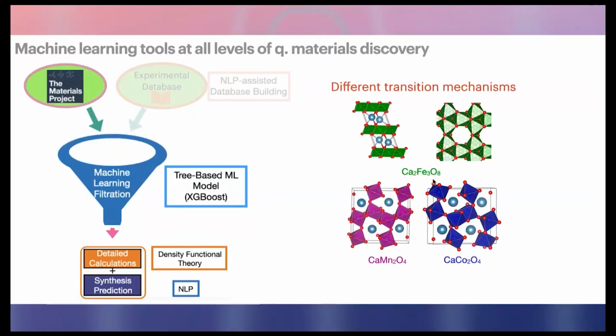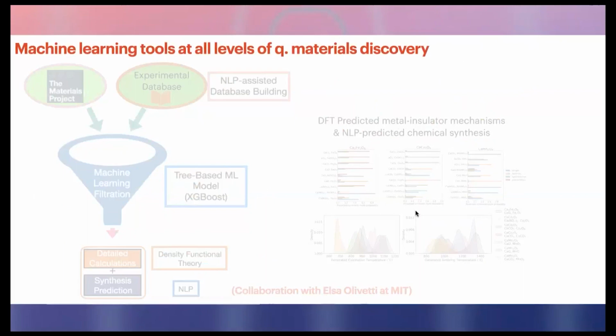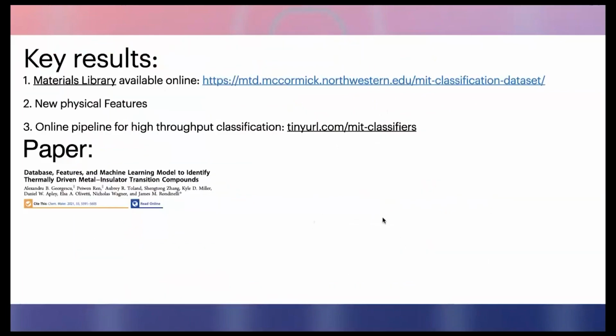So we got a wide variety of structures, different transition mechanisms. And one of the interesting things, again, is from NLP, we got different types of possible synthesis methods. Okay. So, in this way, machine learning can help accelerate discovery as well as synthesis of new materials.